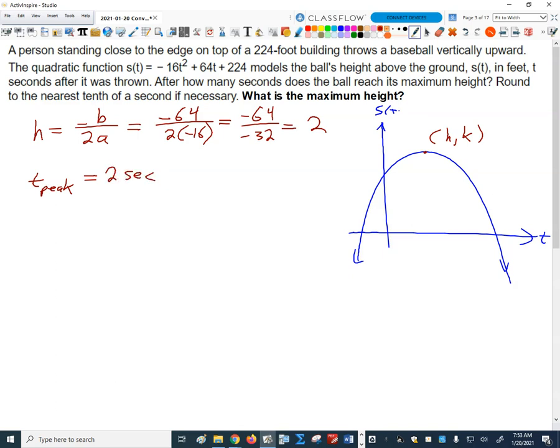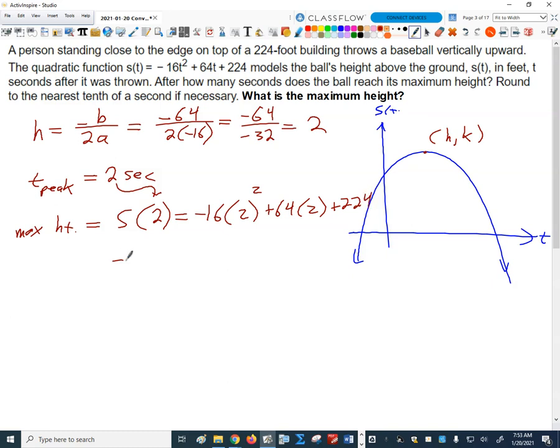And if we want to know how high it goes, well, we just plug that back into the function, right? The maximum height is just going to equal s of 2, which is negative 16 times 2 squared plus 64 times 2 plus 224, which gives us what?